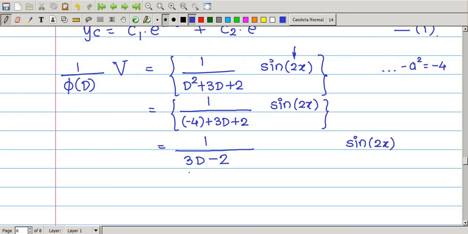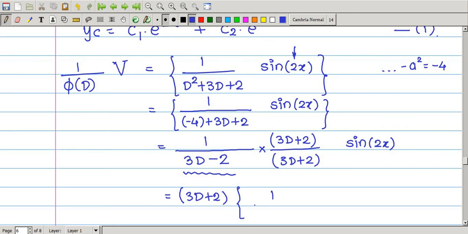So for trigonometric function, for applying shortcut method formula, we must find d square here. So we use method of rationalization. So we multiply numerator by the conjugate, that is 3d plus 2. Now if we simplify this, 3d plus 2 in the numerator as it is, and denominator term will be 9 times d square minus 4 into sine 2x.